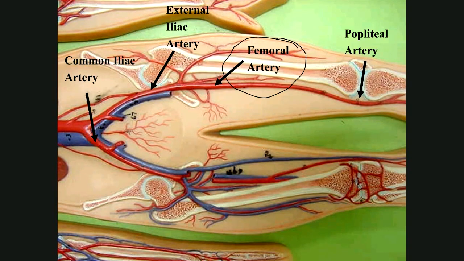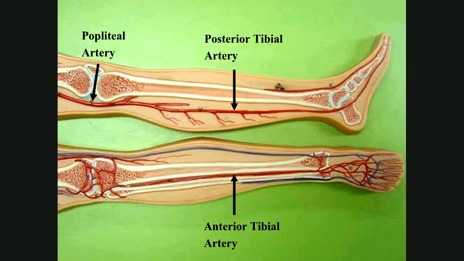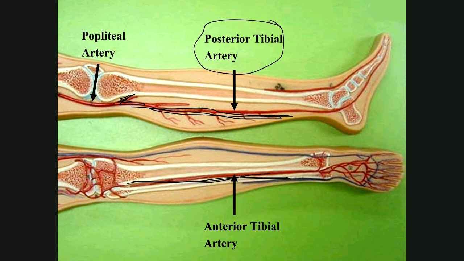We're going to follow it down the leg till we get to the knee. Behind the knee, it's called the popliteal. We're going to keep going. Now we're at the tibia. So there's a split that happens right here. And one goes down the back of the tibia, and one goes down the front of the tibia. So we have posterior tibial and anterior tibial. So those are our arteries. Any questions?